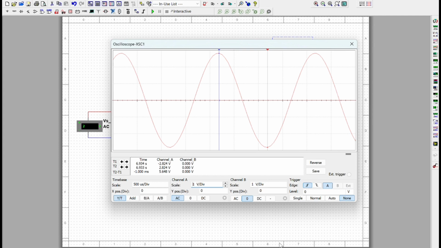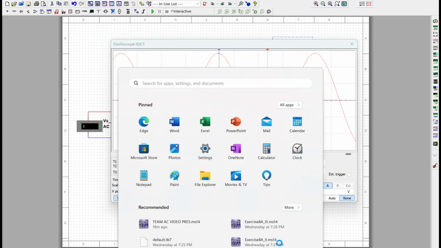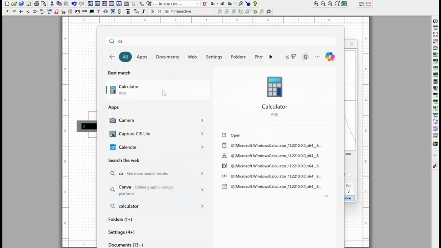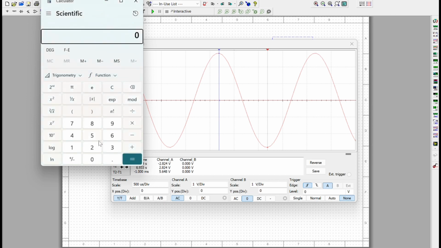And so with this, we can take our calculator and we can type in 5.648 divided by 2 and then multiply that by 0.707 and we get 1.9965, which is our RMS voltage for our input source.